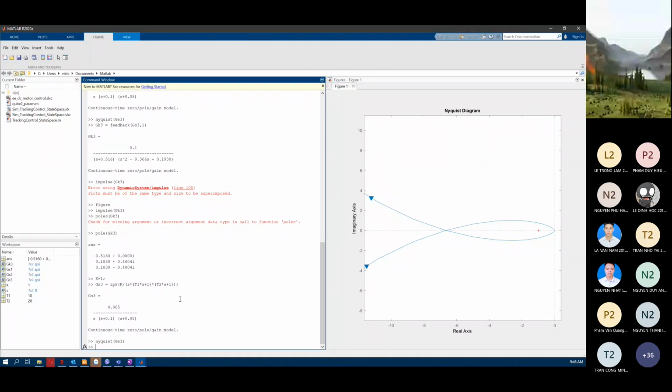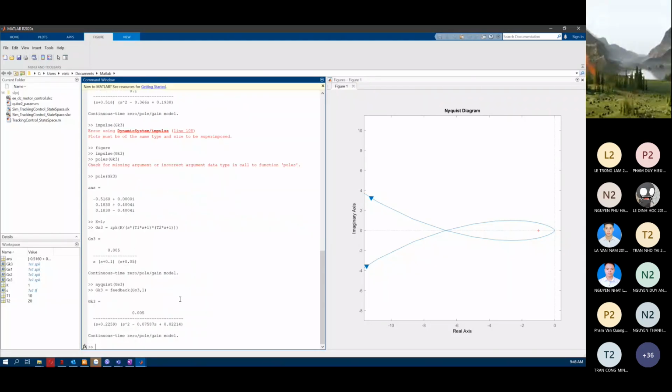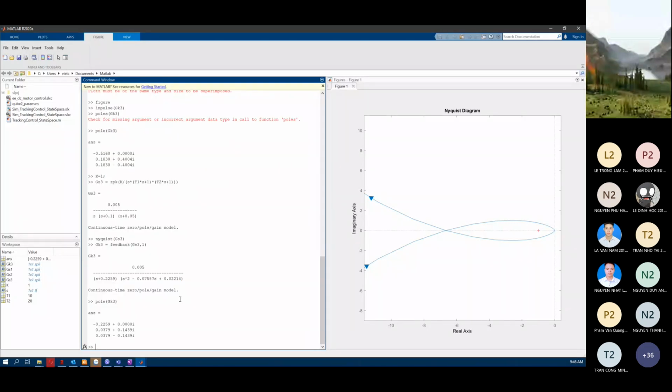So I will try to find the closed loop transfer function and check the poles. What is it? Why is it still clockwise? Yes, clockwise.